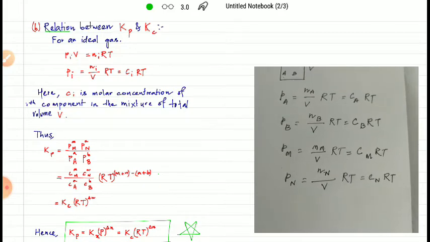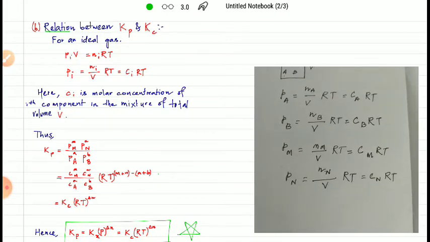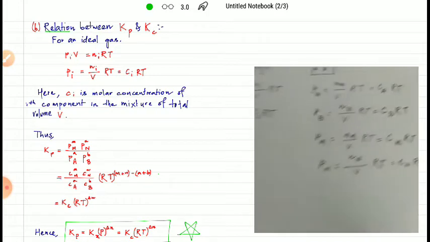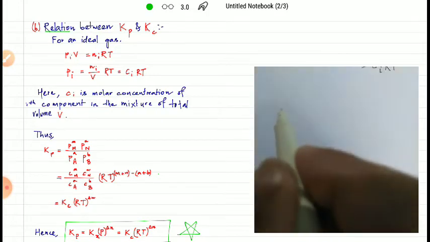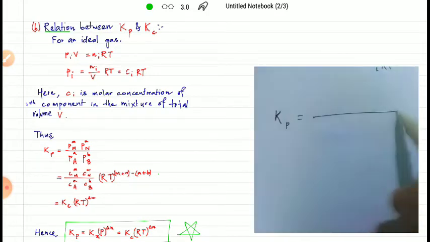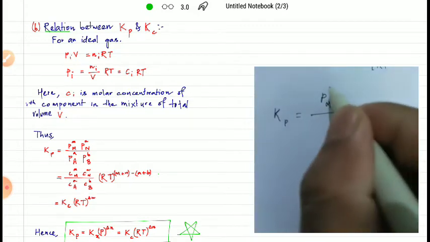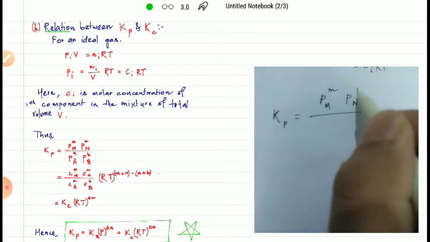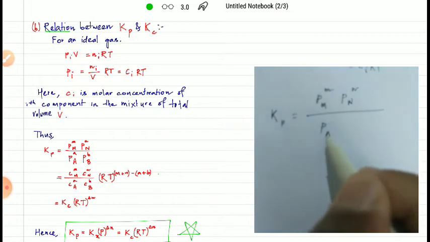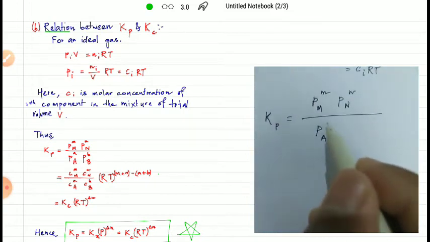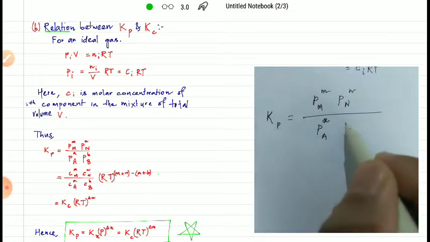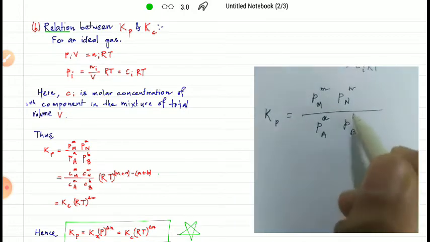So we have this relation. We can use these values and insert them in the equation we already have, Kp equals PM to the power m, PN to the power n, over PA to the power a, PB to the power b. These are partial pressures, small p.